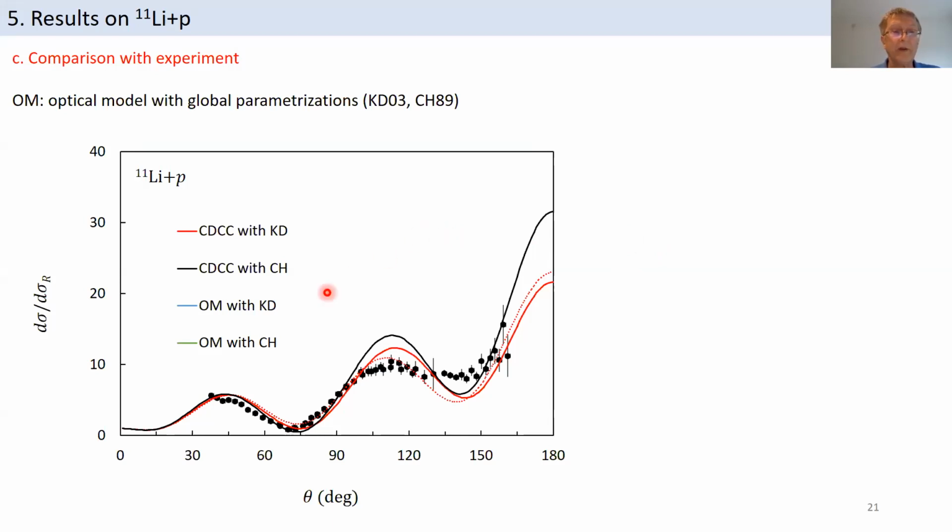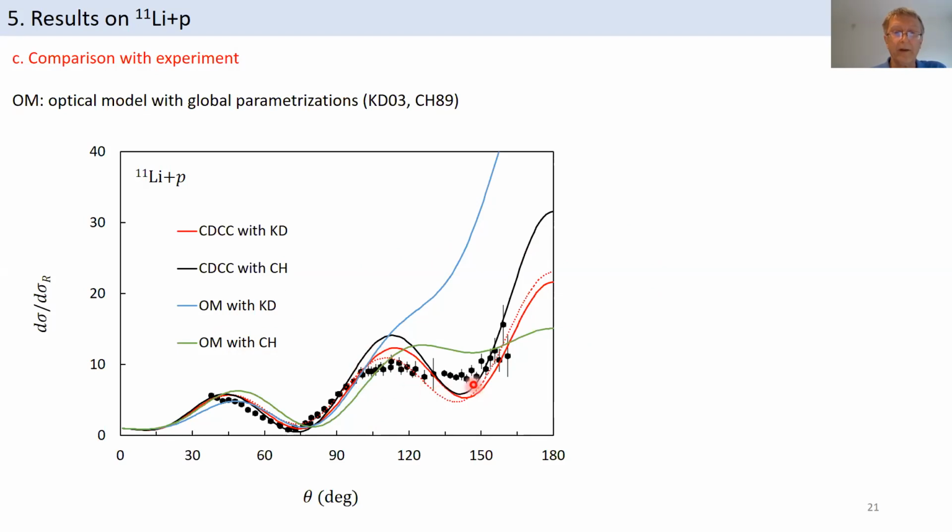And then you may use this parametrization to compute lithium 11 plus P. This is very simple. There are parameters. Lithium 11 plus P is not included in the fit of this parametrization, but you can use the parameters, and this is what you get for the Koning-Delaroche potential, and this is for the Chapel Hill potential.